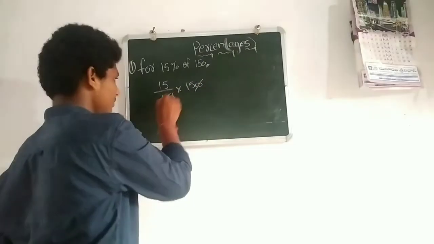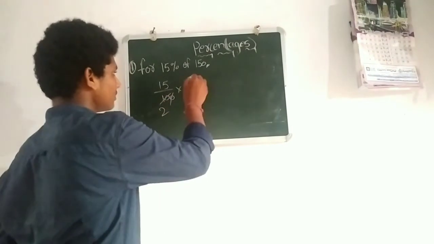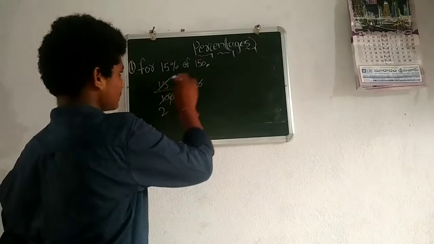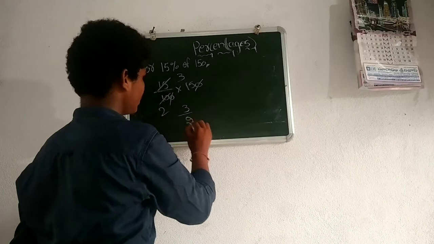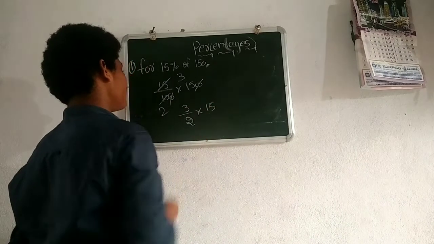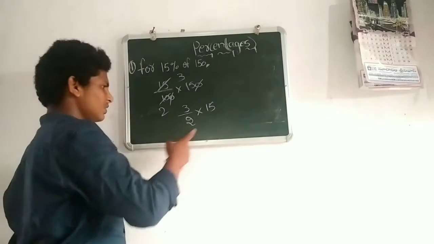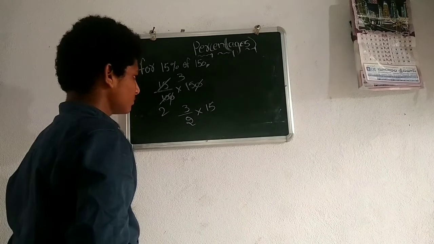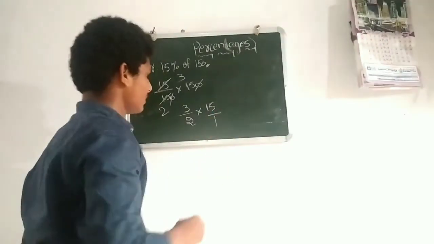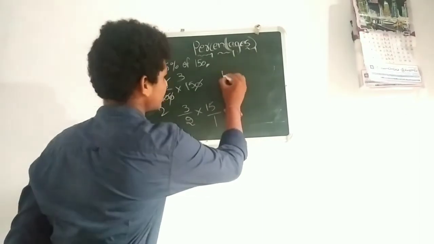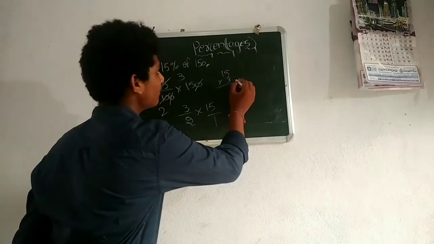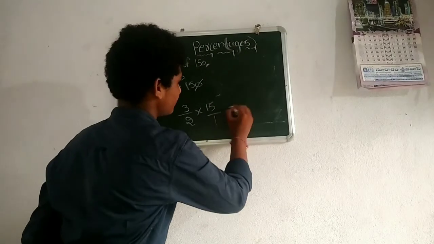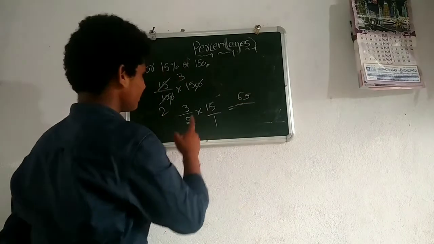5 twos are, 5 threes are, simply 3 by 2 into 15. Is anyone going to cancel? No, okay. 15 threes are 45.